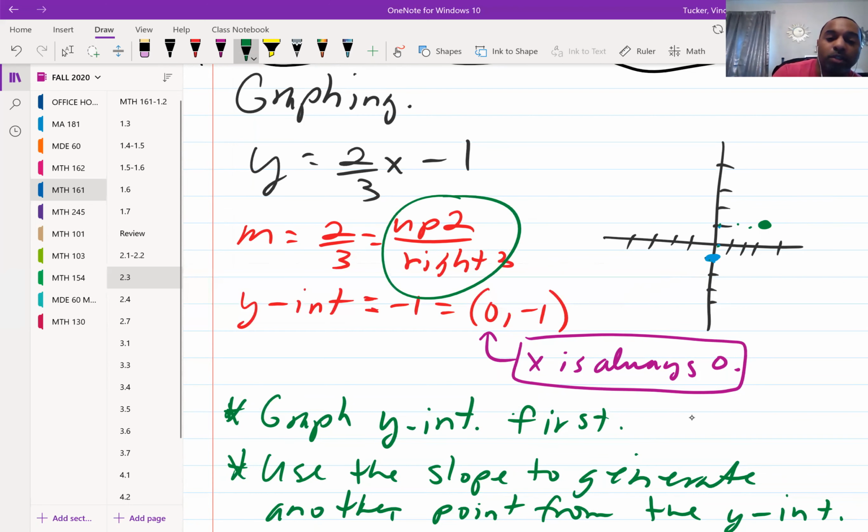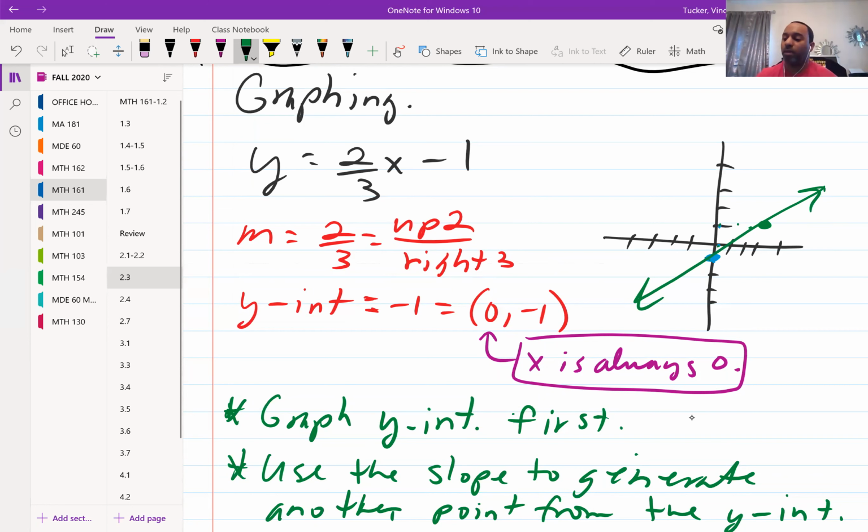This is your slope. It is not a point. It helps you generate another point, but you're generating that point from the y-intercept. So once again, you go to the y-intercept and you go up 2, right 3, and then you have your line. All right, questions on how to use a slope to graph before we look at another one?